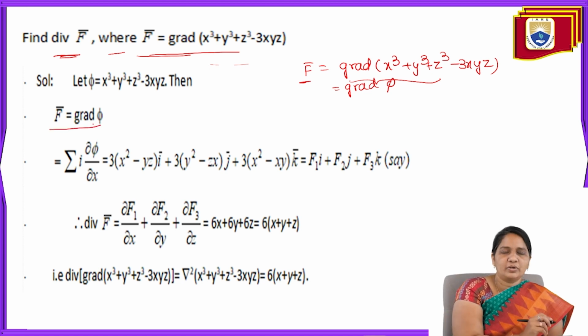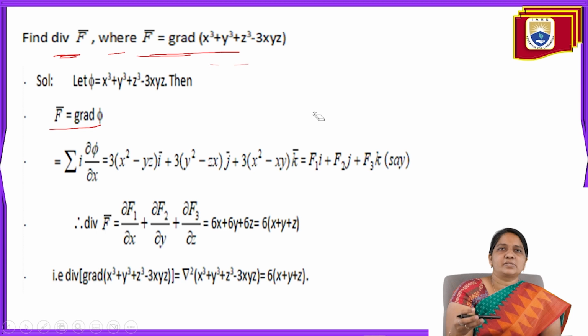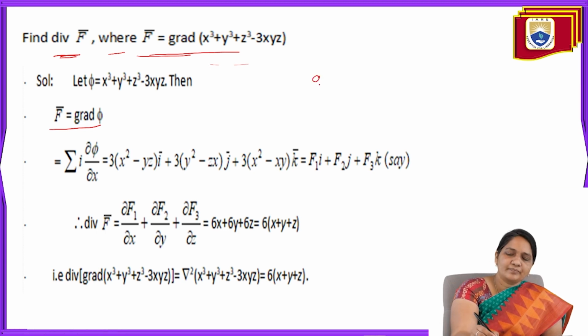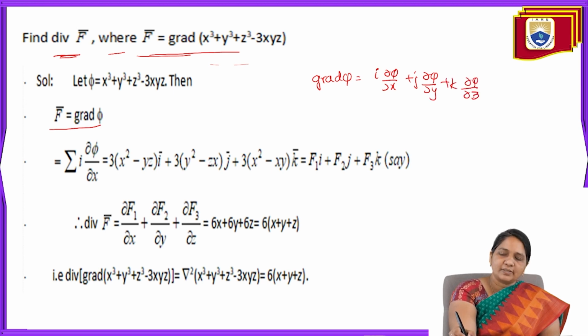So f bar equals grad phi. First I am calculating the grad phi value, then only I can find the divergence. So here grad phi equals i dou phi by dou x plus j dou phi by dou y plus k dou phi by dou z.